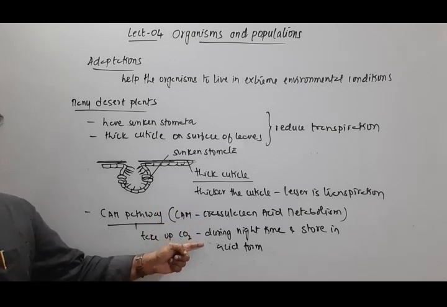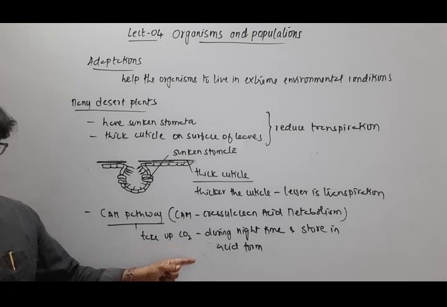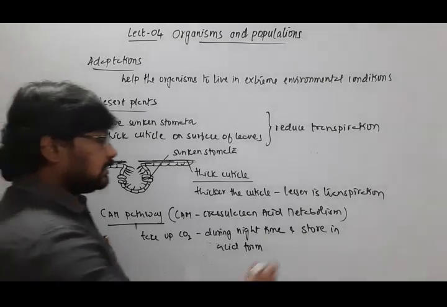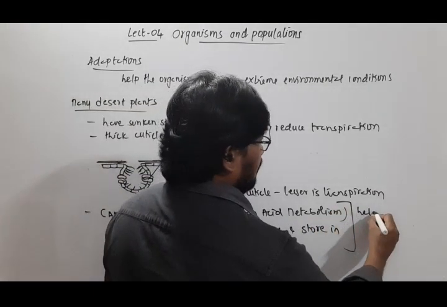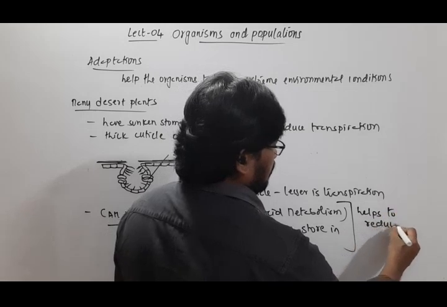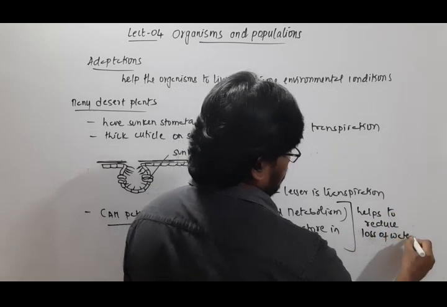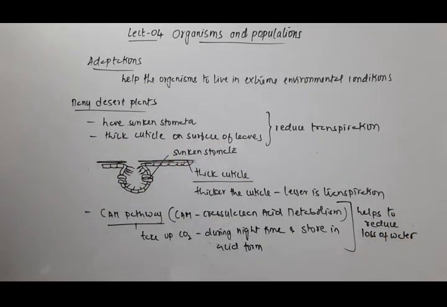So during night time they open the stomata, take in carbon dioxide and store it in acid form. That's the acid metabolism. This mechanism helps to reduce the loss of water, so that's another mechanism we see in desert plants.